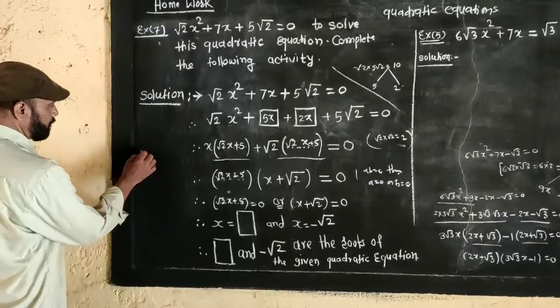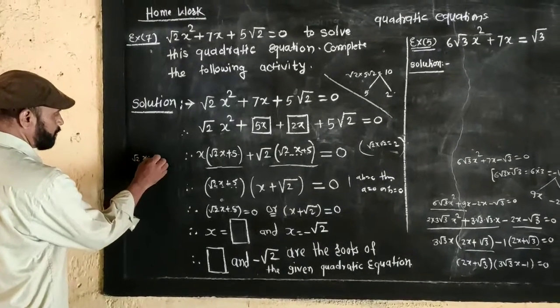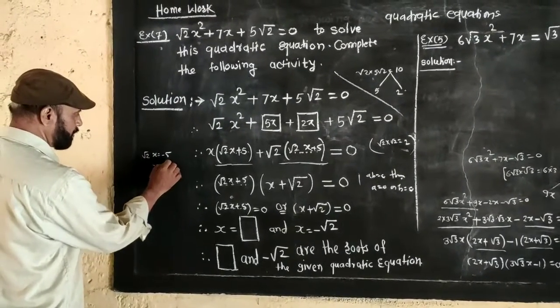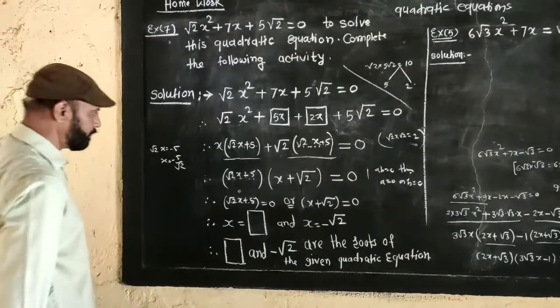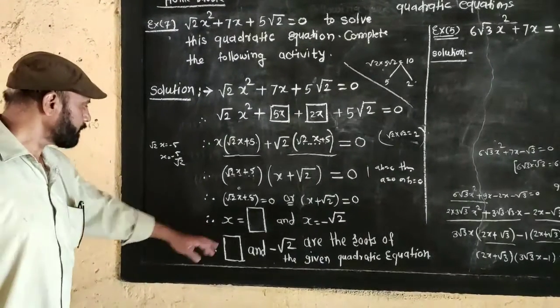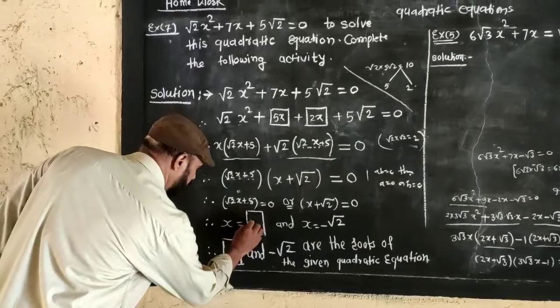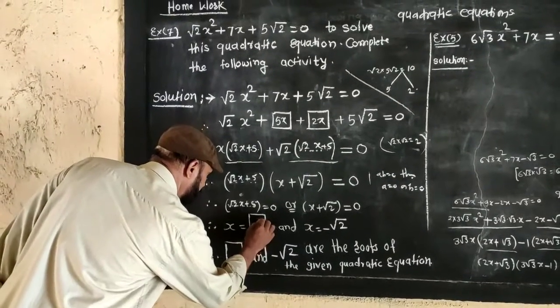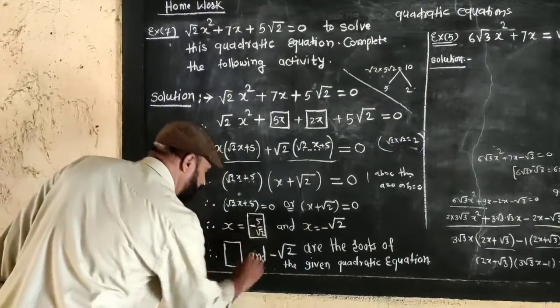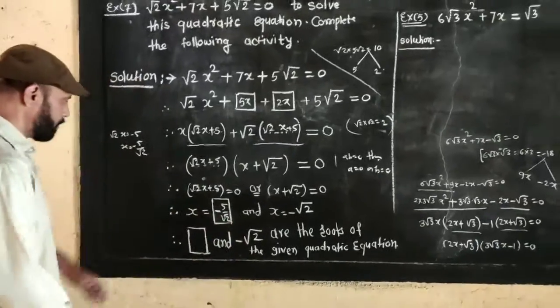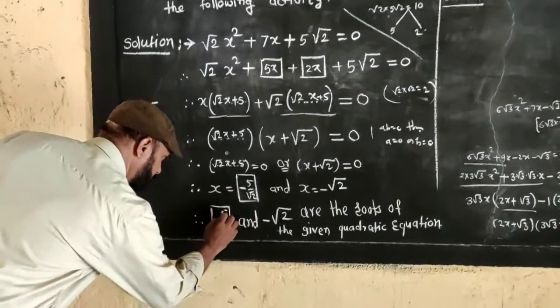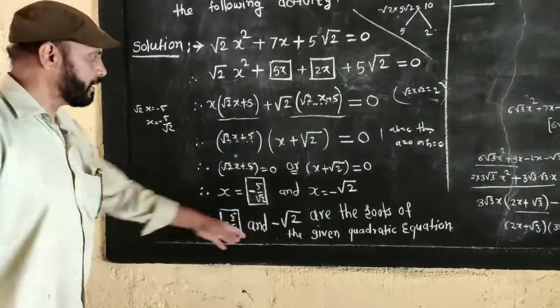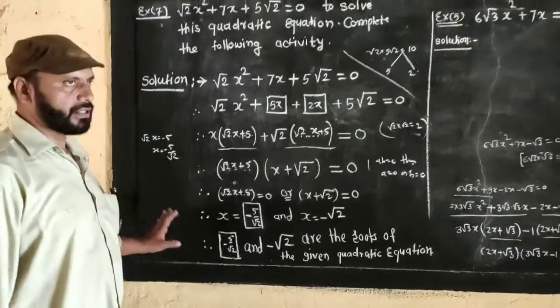That means root 2x is equal to minus 5. So x is equal to minus 5 upon root 2. Okay, x is equal to minus 5 by root 2, and this is the root of the given quadratic equation.